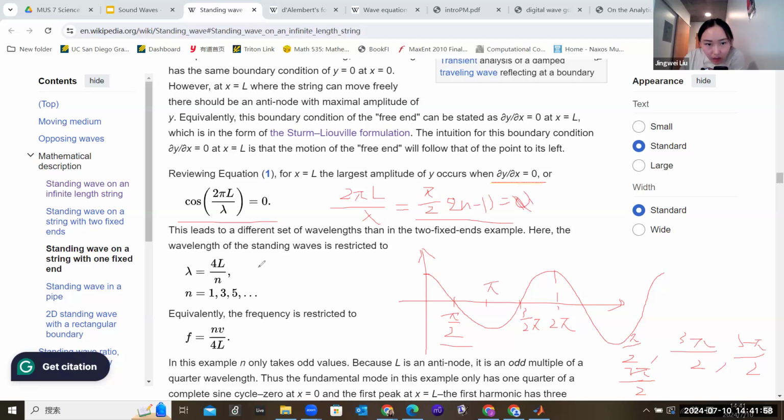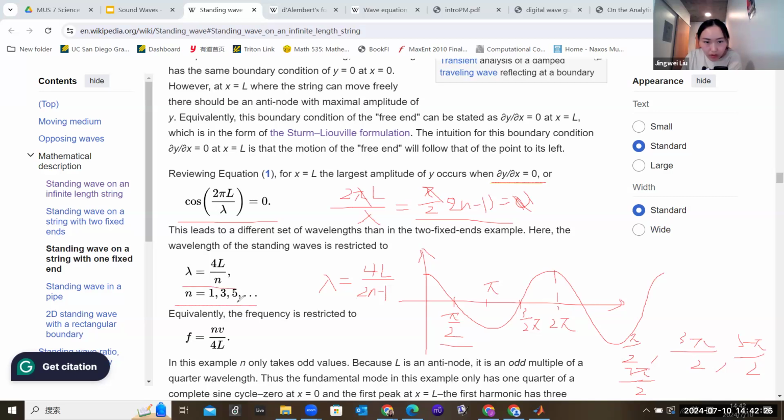Oh yeah. So we want to compute lambda. So lambda equals... If you just do some operation on this, this will be 4L over 2n minus 1, like this, right?